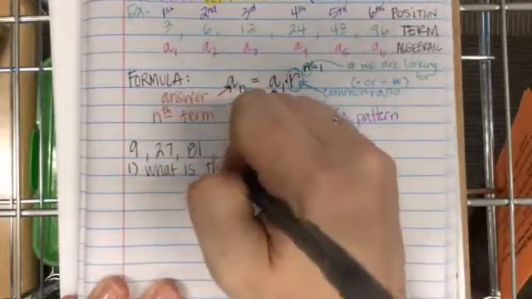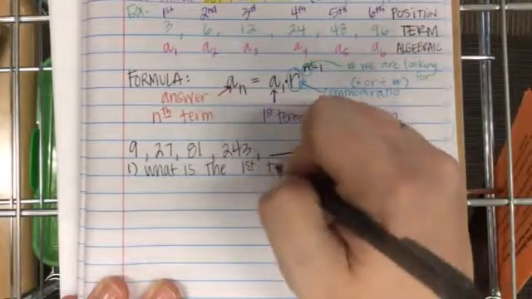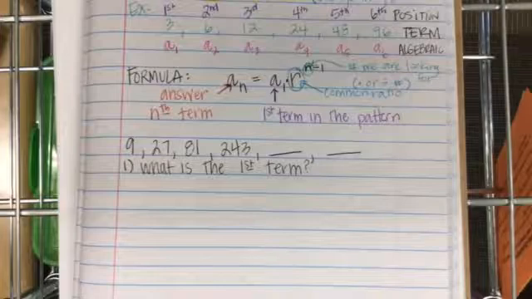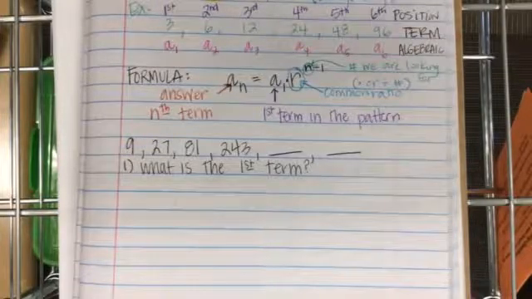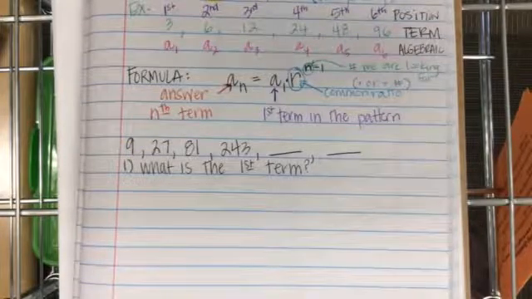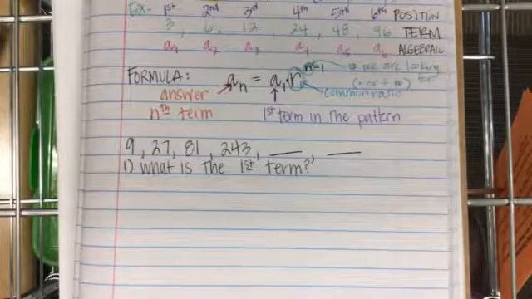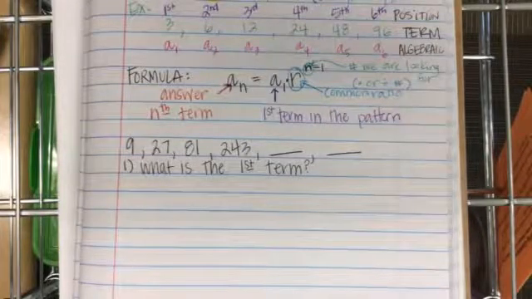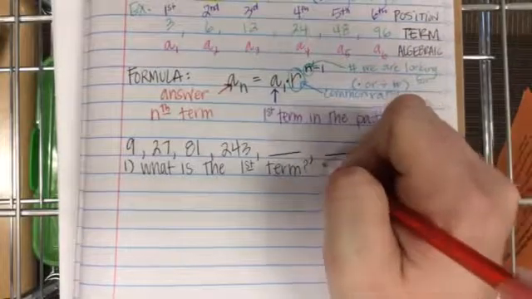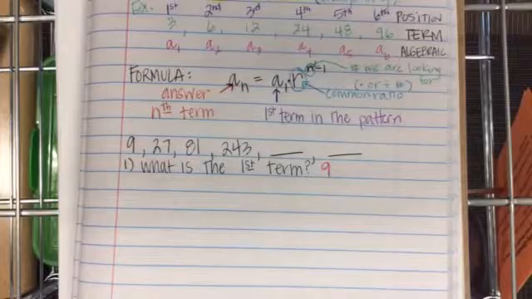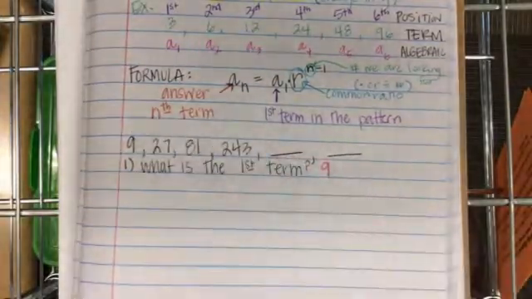What is the first term? Is this scary? Yes. I know, right? What's the first number in the pattern? 9. How do I know? It's the first number. It's right here. It's the first thing.